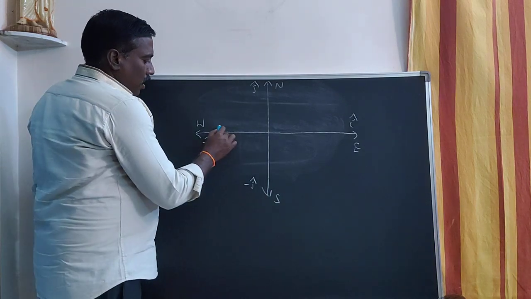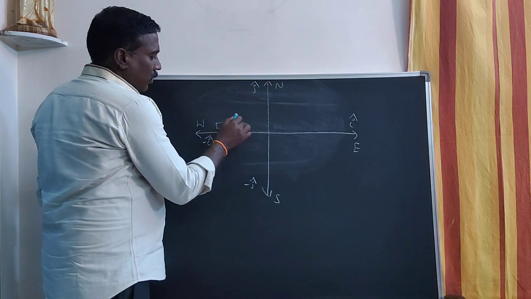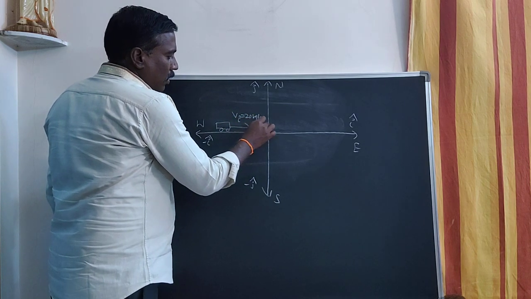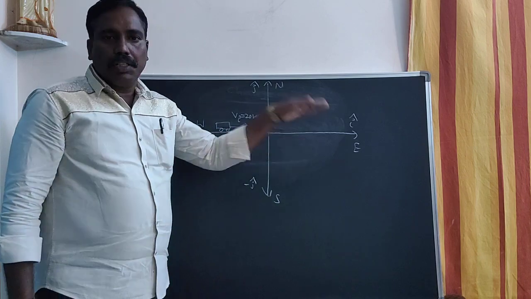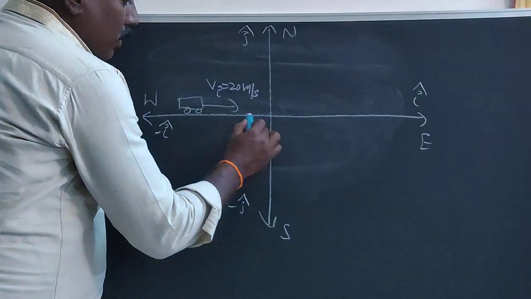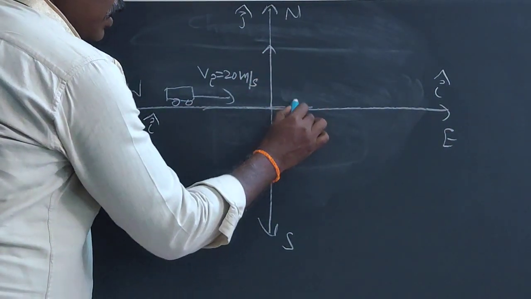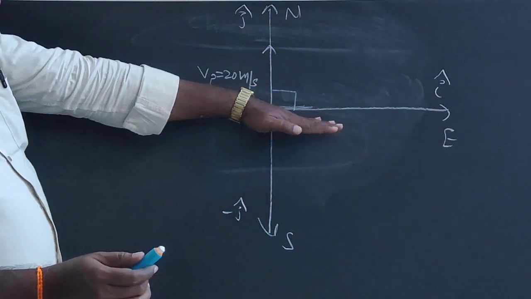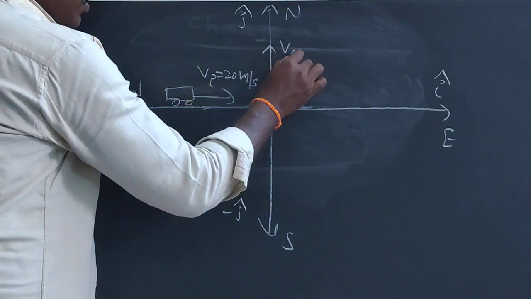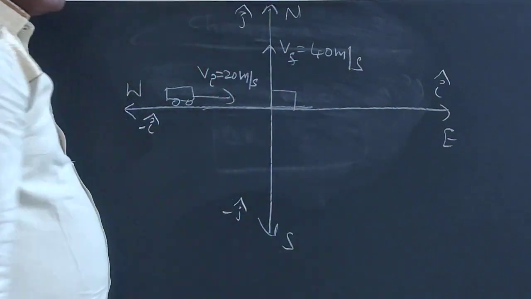Suppose a car is moving with velocity 20 meters per second along the east. After some time, it takes a 90 degrees left turn and continues with velocity 40 meters per second along the north.